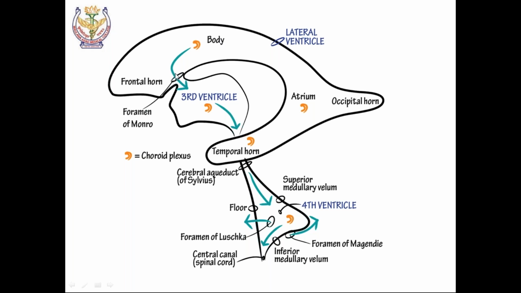They are connected with each other through the interventricular foramen. Then we have a connecting channel which connects it to the third ventricle, and then it goes through the aqueduct into the fourth ventricle. That is how most of it goes into the subarachnoid space, through three foramina, one in the midline, two laterally. And the rest goes into the central canal.